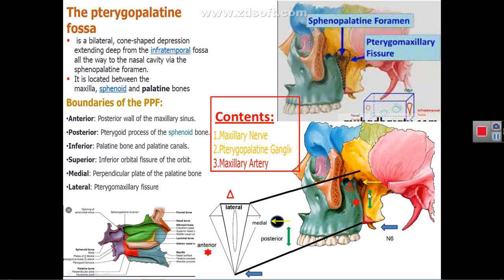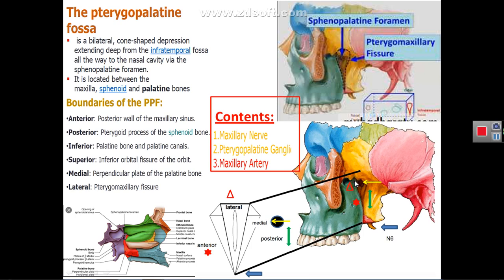You know, this region is called the pterygoid process. It divides into medial and lateral pterygoid plate. So the anterior wall is formed, as the star indicates, by the body of maxilla containing maxillary air sinus, while the posterior wall is formed by the pterygoid process containing medial and lateral pterygoid plate.